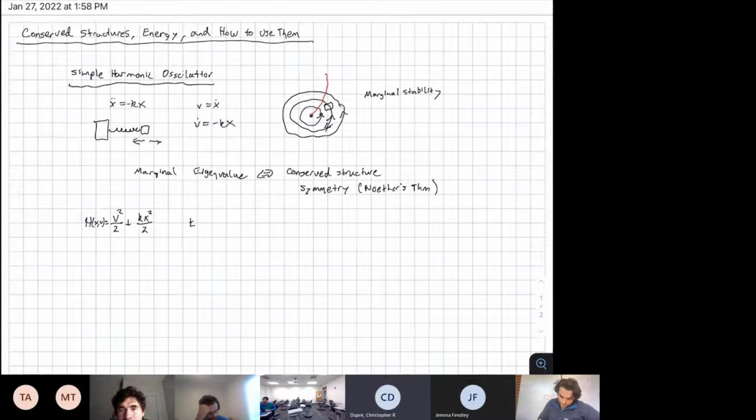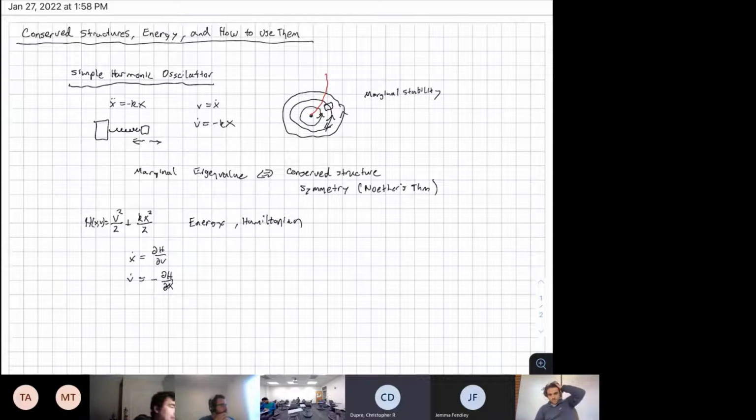Okay, so this is energy. We can actually rewrite our equations of motion in terms of this. So we can say x dot is dH/dv, and v dot is negative dH/dx. Okay. So flowing along these directions, we have this conserved quantity given by the Hamiltonian. In fact, the Hamiltonian gives us our equations of motion.